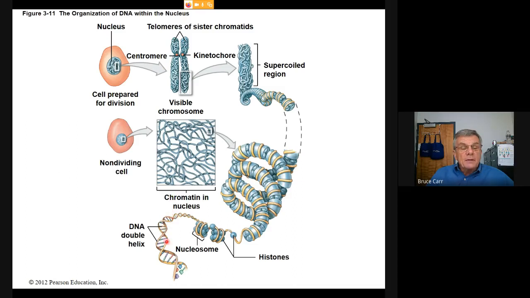Now, this DNA double helix, as we explained last time, contains the genes, and complementary base pairing and nucleotide base sequence codes for the production of a specific protein.